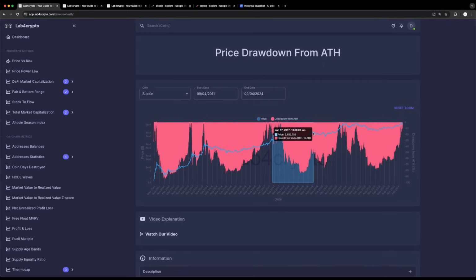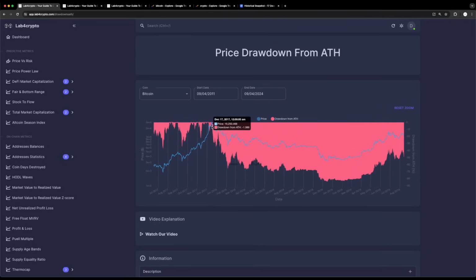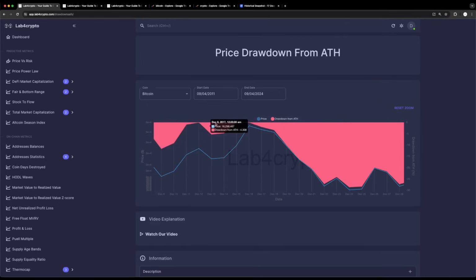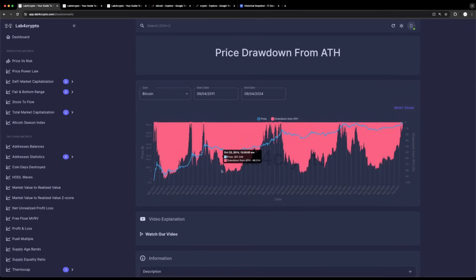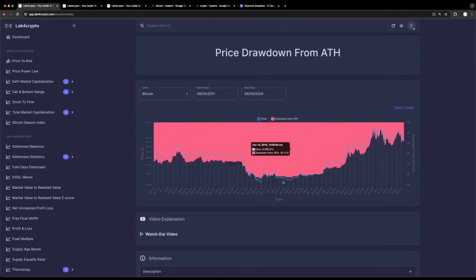Let's zoom in on the top and the bottom. The top was on the 16th of December 2017, at 19.6k, and then it dropped all the way down to 3.125k. So again, it dropped 84%.